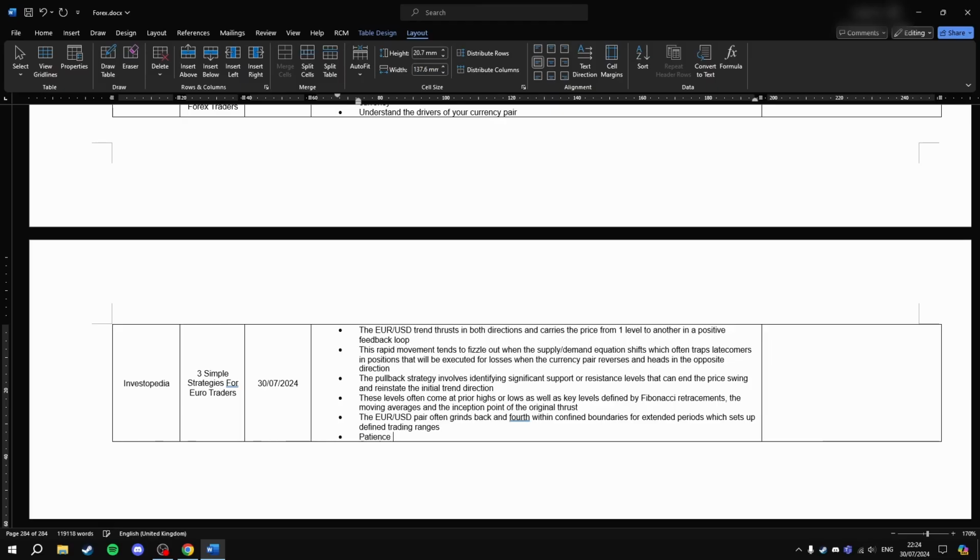Patience is needed to trade entries when the support or resistance level breaks.